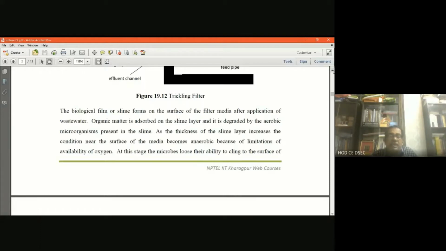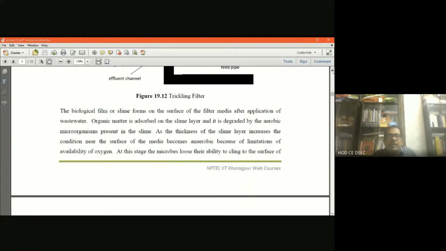Slime forms on the surface of the filter media after application of wastewater. Now the organic matter is absorbed into the slime layer and is degraded by the aerobic microorganisms present in the slime. With more and more deposit of microorganisms on the attachment surface, the film thickness is going to increase.